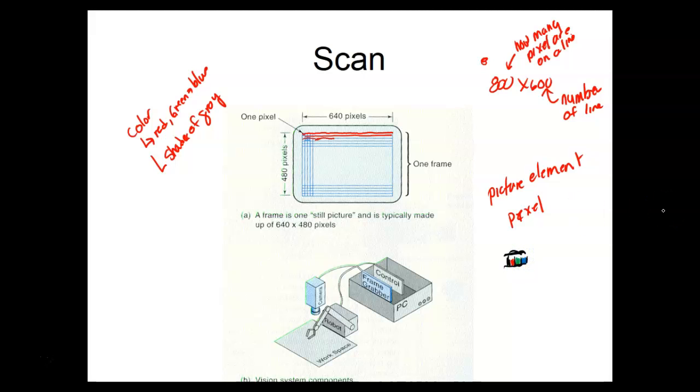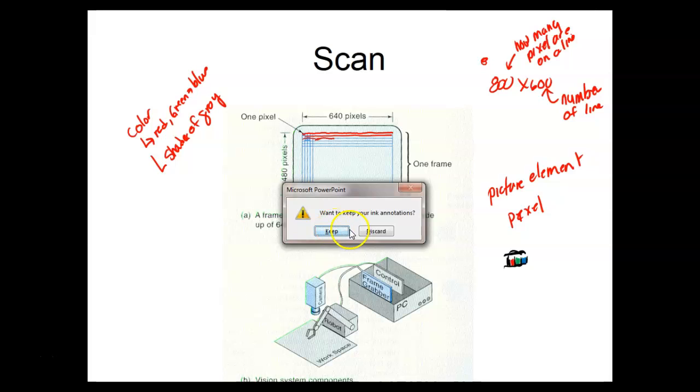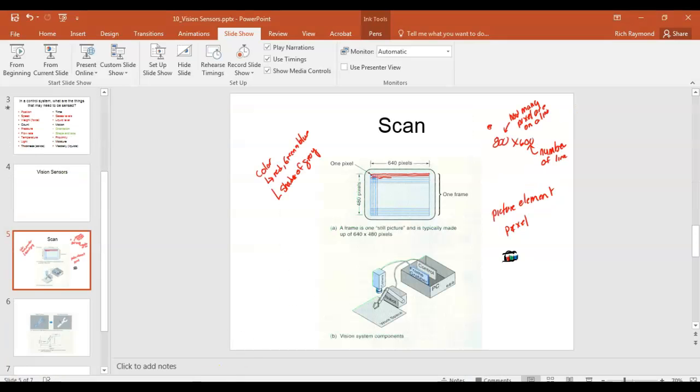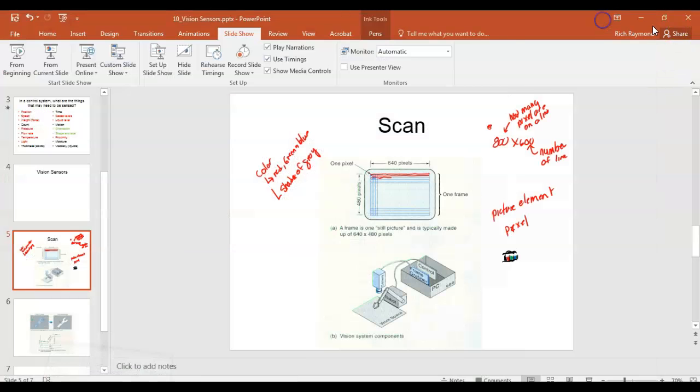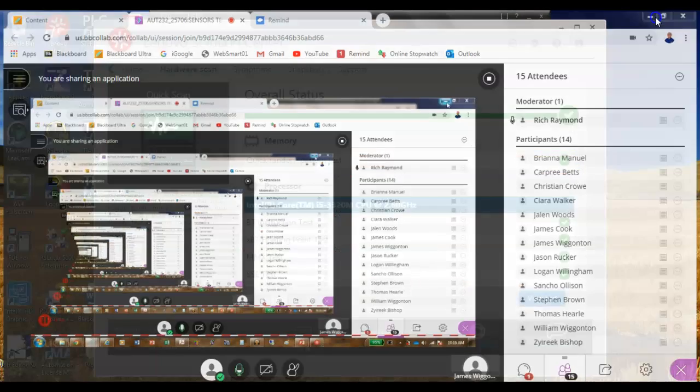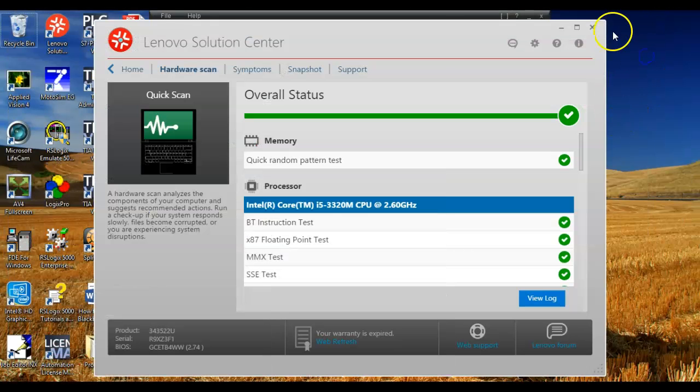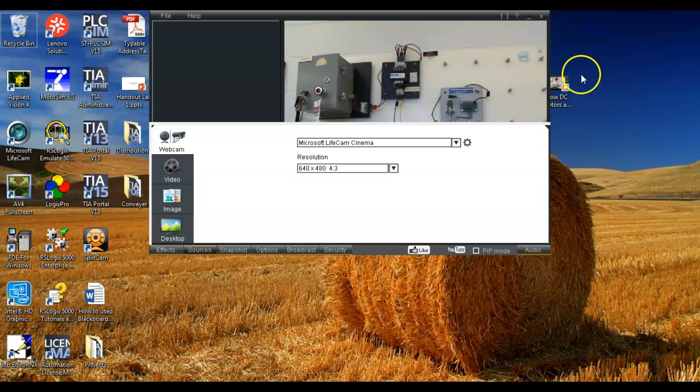So if we know the size of the pixel, and a pixel is made up of these, your screen has resolutions. I don't know if we can still do that on Windows 7, but I know we could do it on XP.